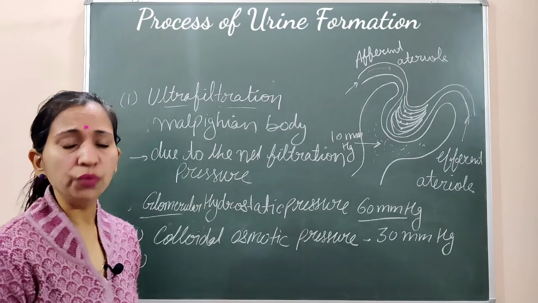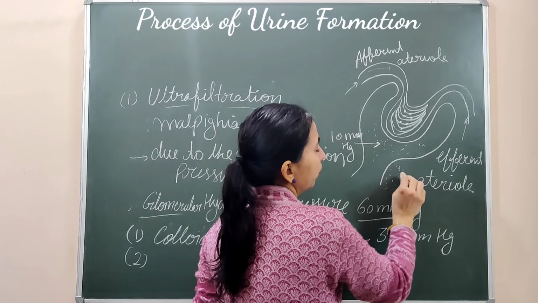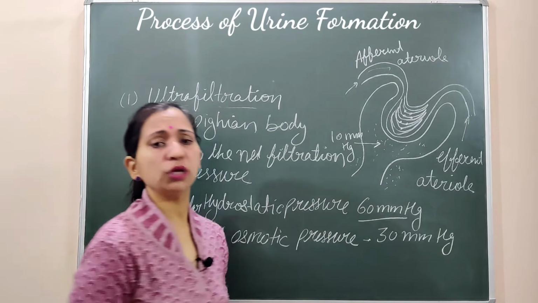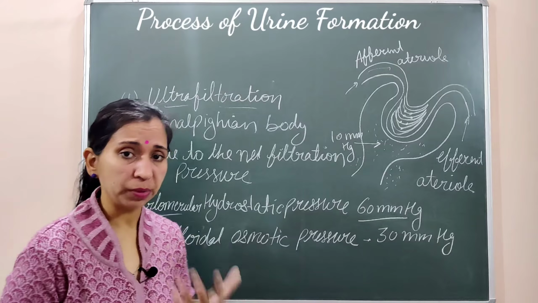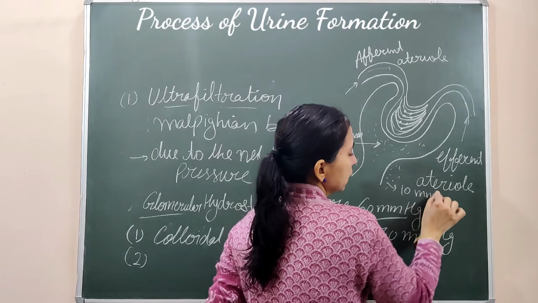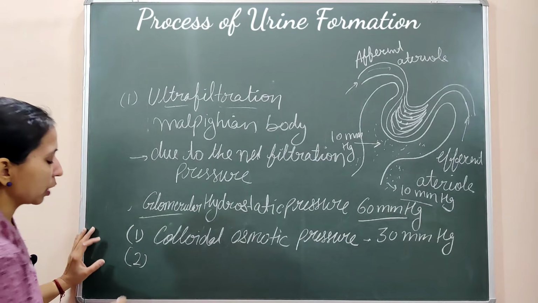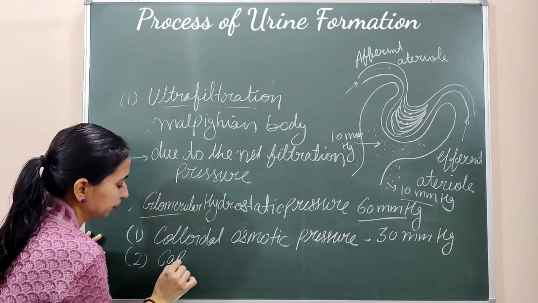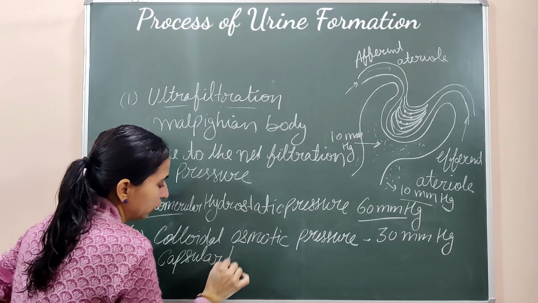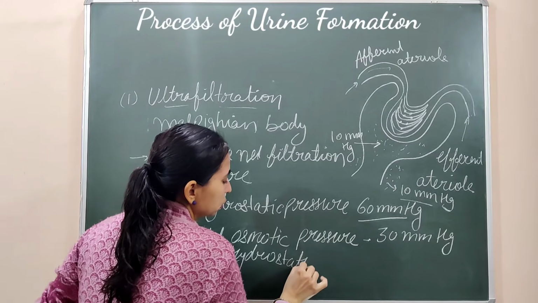Whereas the interstitial fluid present in the interstitial space around the Bowman's capsule will also apply some pressure, and the amount of this pressure is 10 mm Hg. So combining them, we call it capsular hydrostatic pressure.